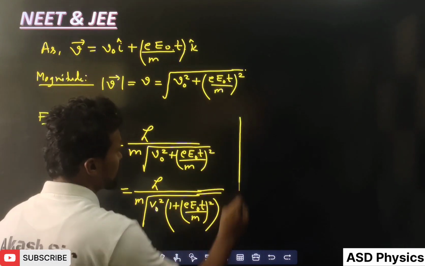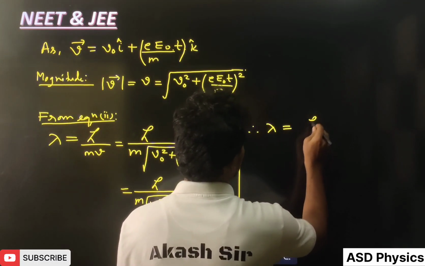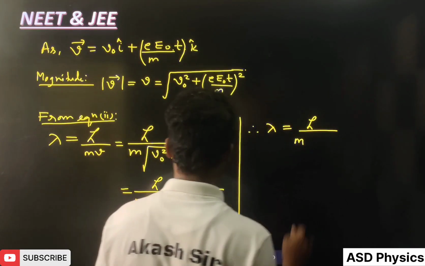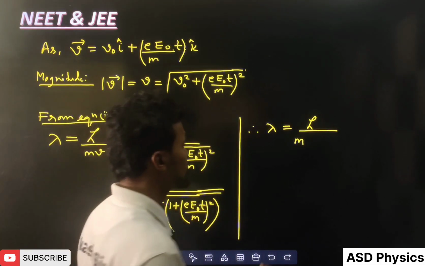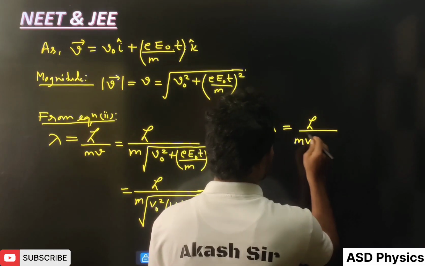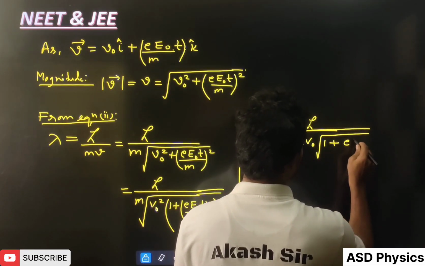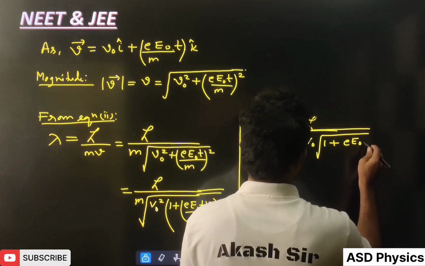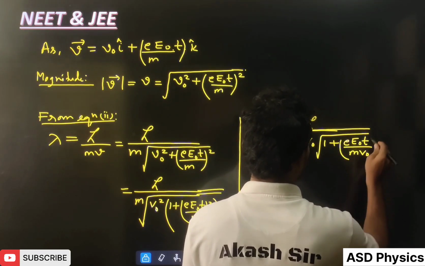Then hence lambda equals h by m, this v naught square will come outside the square root, so this will become m v naught, and then square root of 1 plus E naught t by m v naught square.